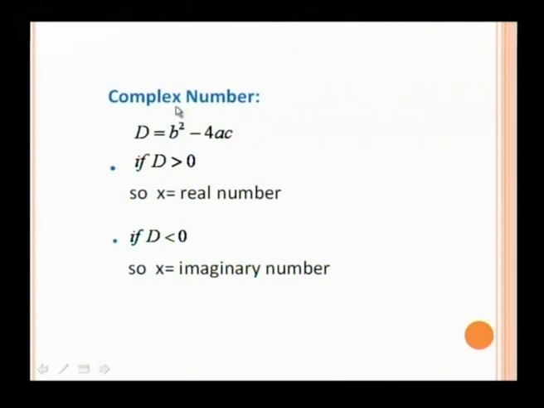If we consider the discriminant is equal to b square minus 4ac, and if this discriminant d is greater than 0, then x would be a real number. But if d is less than 0, then x would be an imaginary or complex number, because d less than 0 would make the under root value negative, which does not exist in real numbers or which results in a complex number.